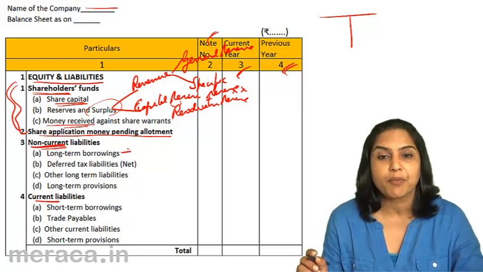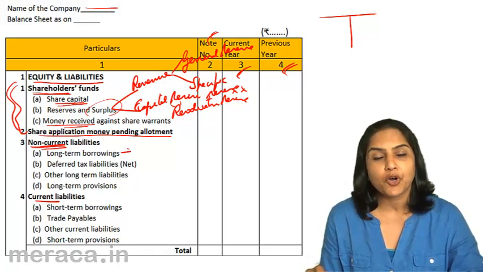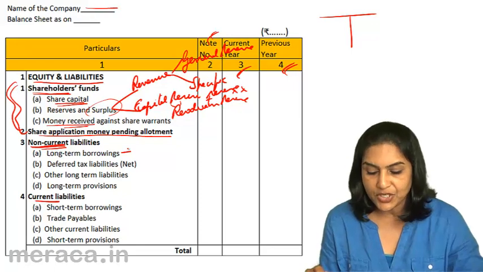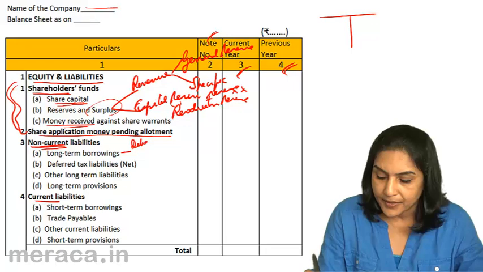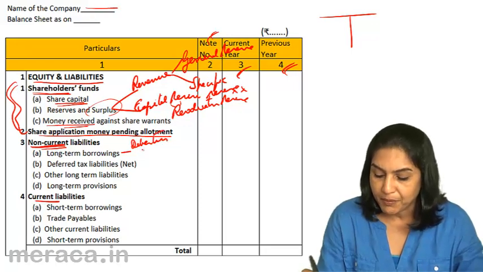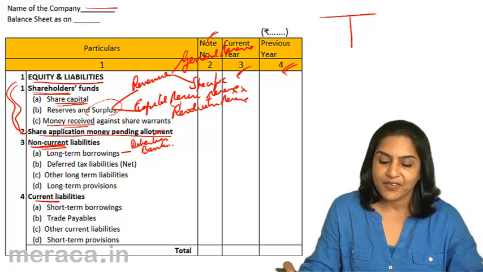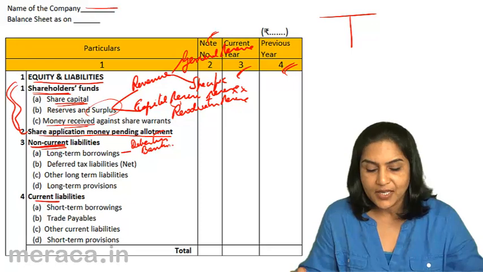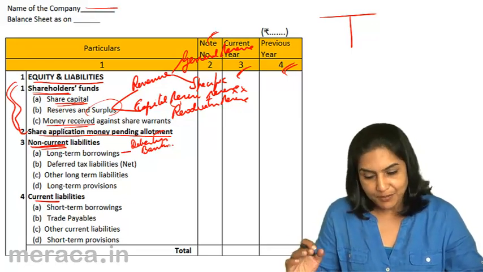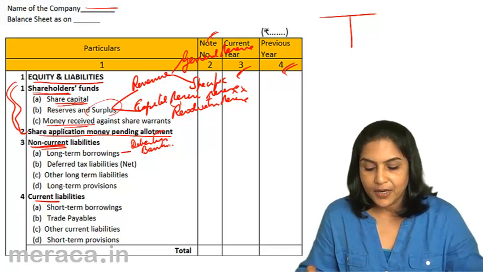What comes under non-current liabilities? Long-term borrowings. We may borrow money from the bank. We may borrow money in the form of debentures, etc. Whatever long-term borrowings are there, maybe debentures, maybe bonds, maybe from banks. Next, we have an item which is called deferred tax liabilities. This too would be discussed at a more advanced level.